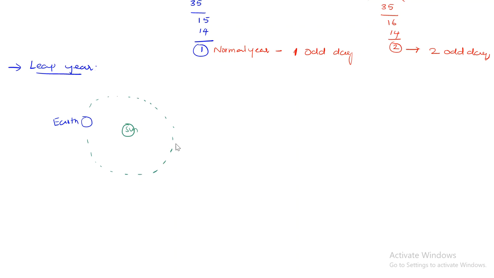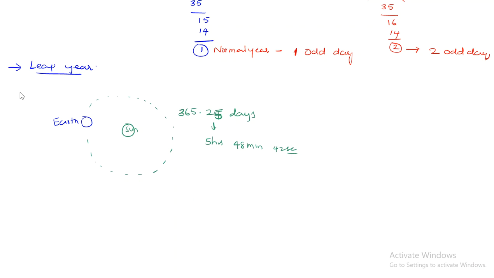For one complete revolution, it takes 365.25 days. 0.25 days is approximately 5 hours 48 minutes and 42 seconds, etc. So roughly I'm saying 365.25 days.